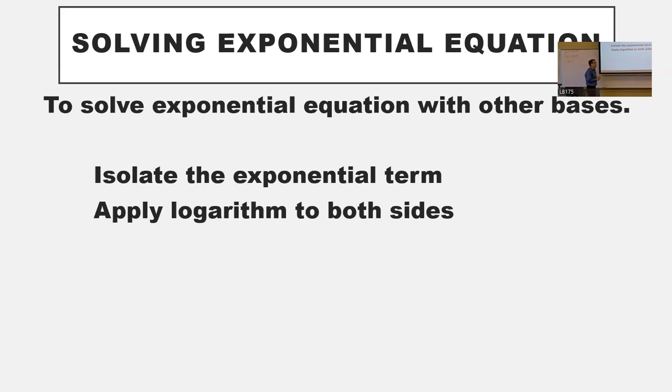So in general, if I can't rewrite an exponential equation to look like 7 raised to a power is equal to 7 raised to a power, then what I would do is isolate the exponential term, and then apply a logarithm to both sides.